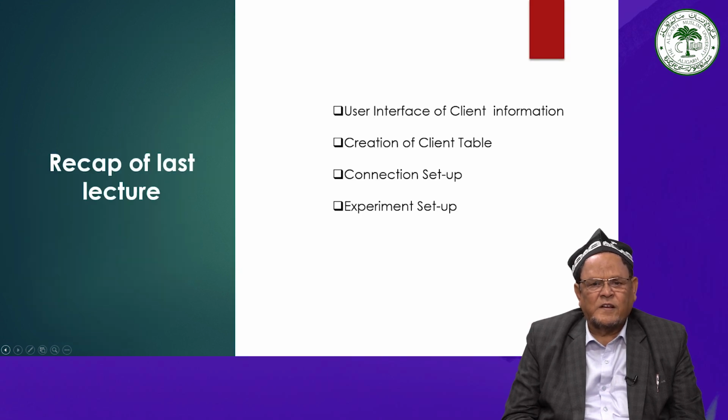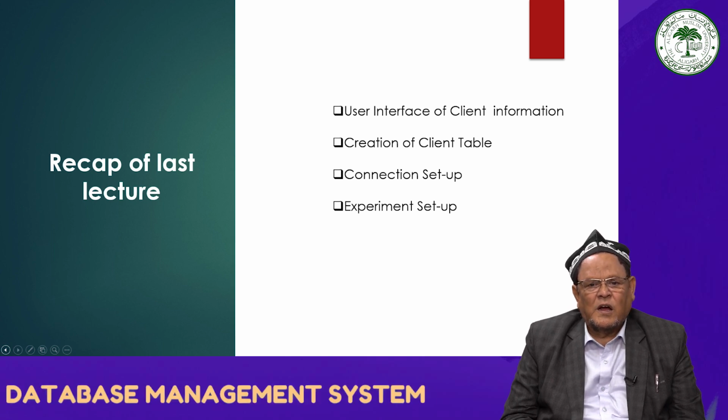In the previous lecture, I discussed the user interface for the client information, how you will develop it, the creation of the client table, and the connection setups, how you set up connections between the front end and the back end.